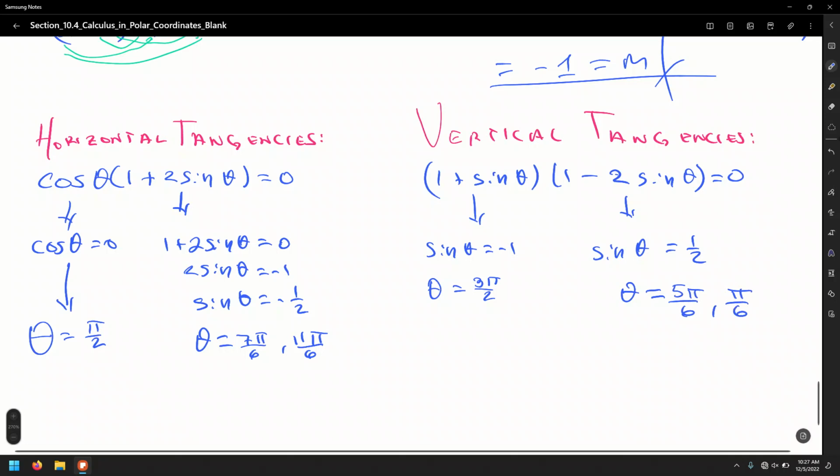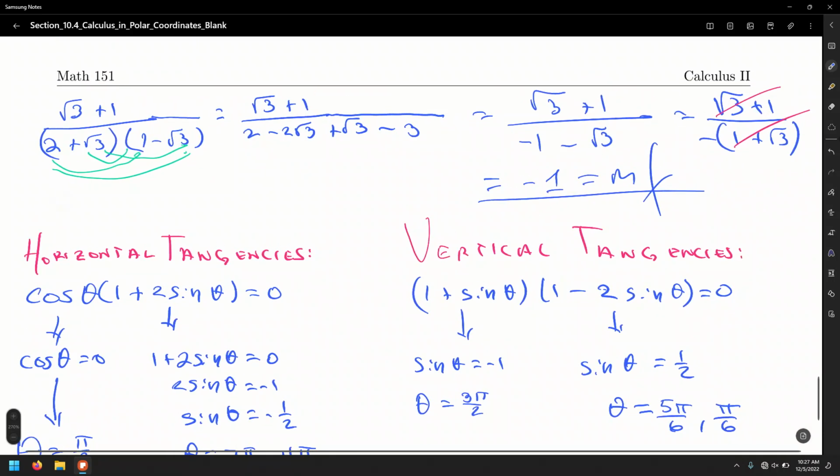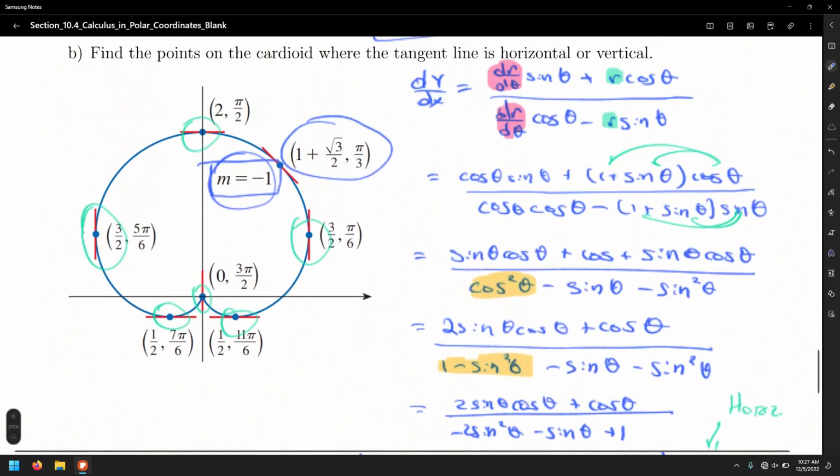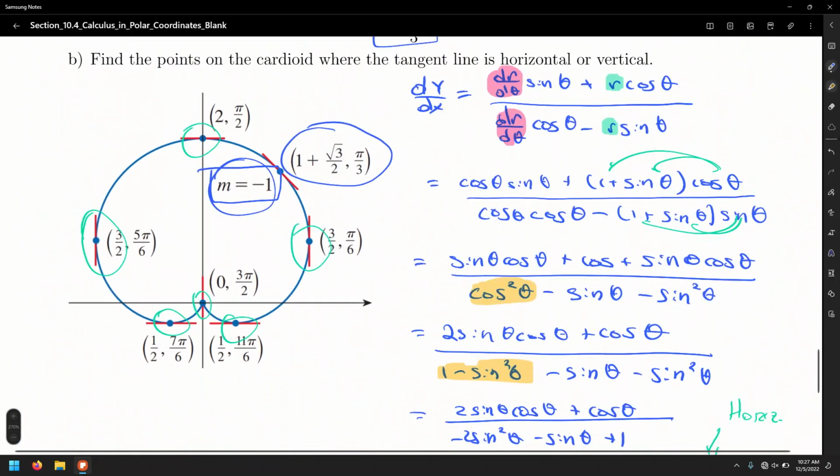All right, and we can verify these results with the picture that we have on the previous page. So let's look at the horizontal tangencies. Okay, let me go back to the picture. For horizontal tangencies, here we have our pi over 2, the 7 pi over 6, and the 11 pi over 6.